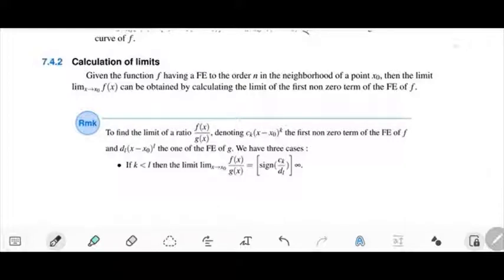So when we have a ratio f of x over g of x, we need to check the expansion of f and the expansion of g. In fact, we don't need to calculate the expansion of the ratio to calculate the limit. We need to check the expansion of f and the expansion of g separately.